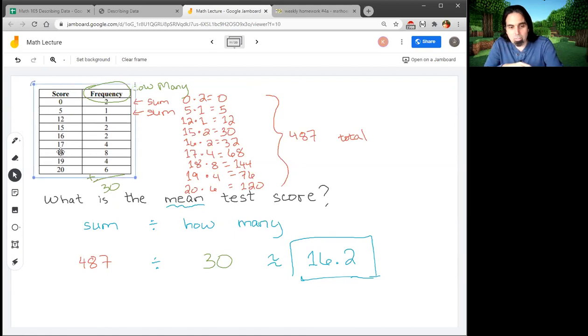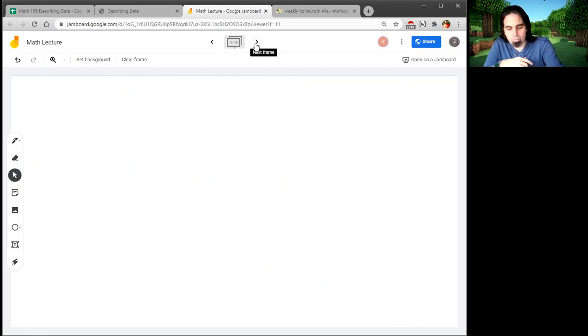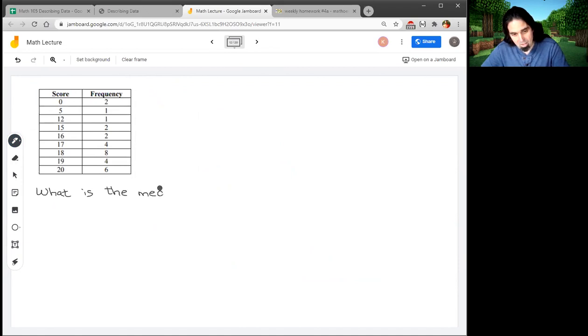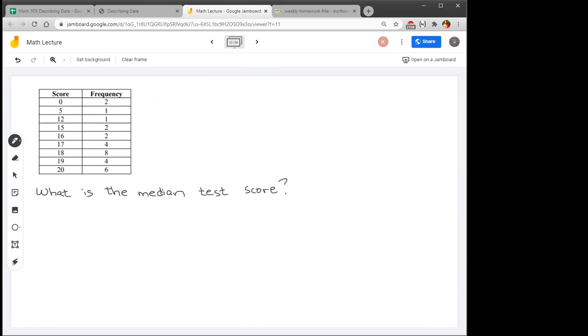I could take the same table and instead ask not the mean, but the median. What will I have to do now? Well, the median is the middle of the list of numbers.